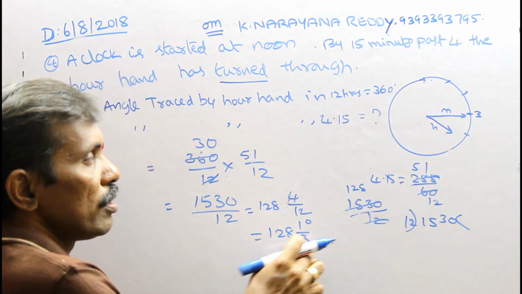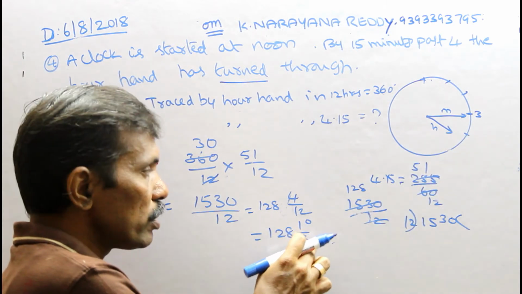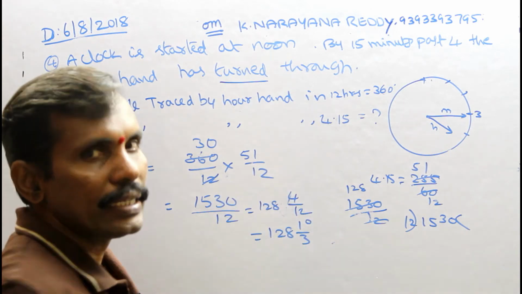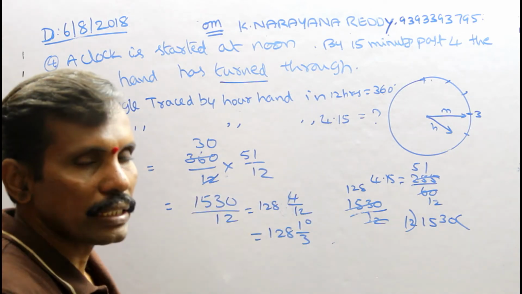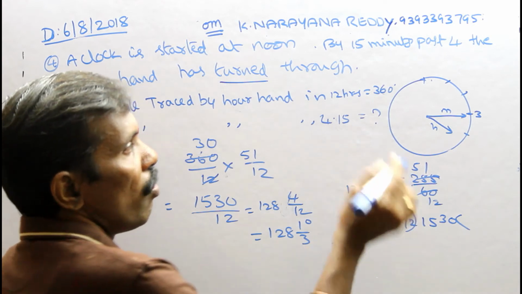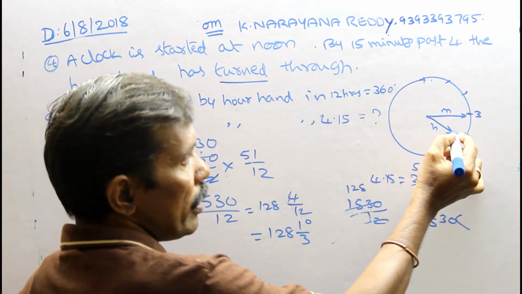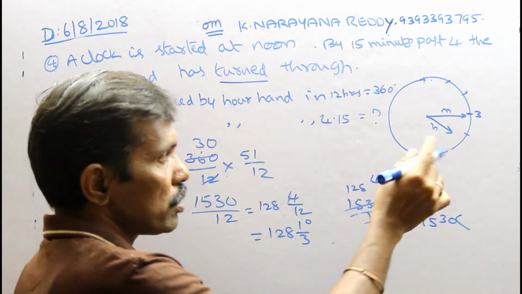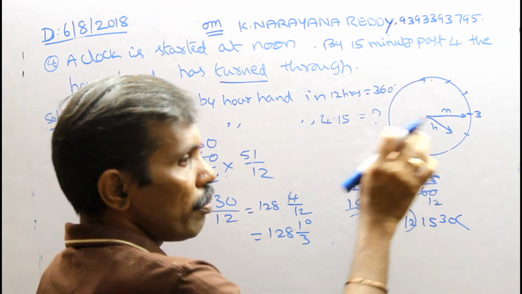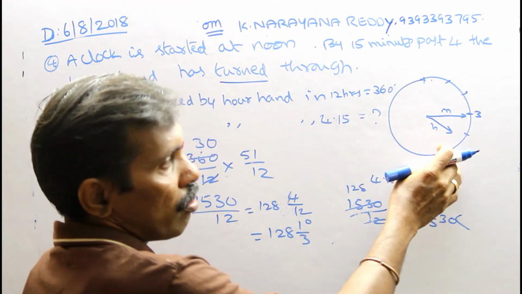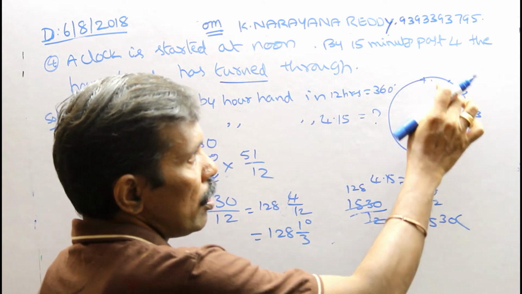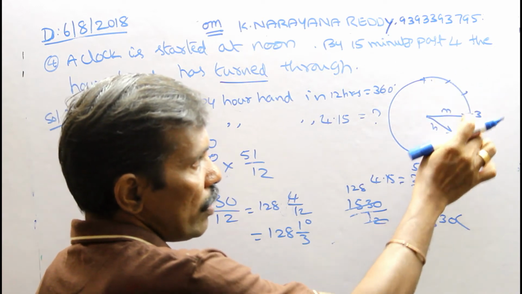128 degrees 1/3. 120 plus 8 1/3, that is a total of 128 degrees 1/3. This is a simple logic you have to observe. At 4 o'clock the hour hand will be at 4, and 15 minutes past 4 means after 4. So up to 4 o'clock: 30, 60, 90, 120.